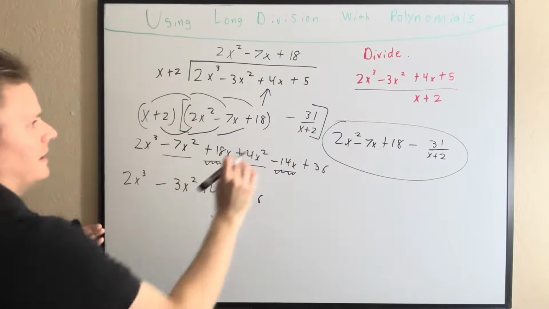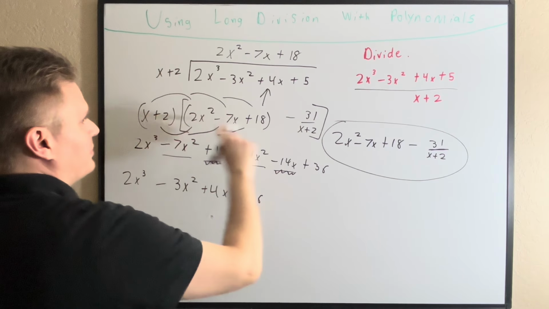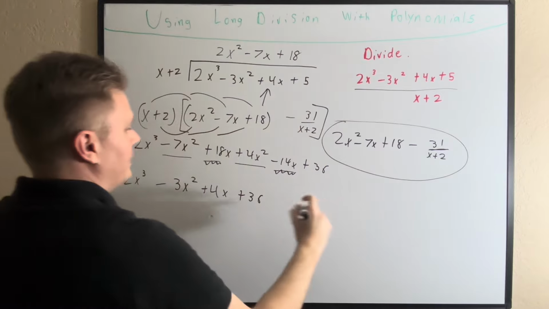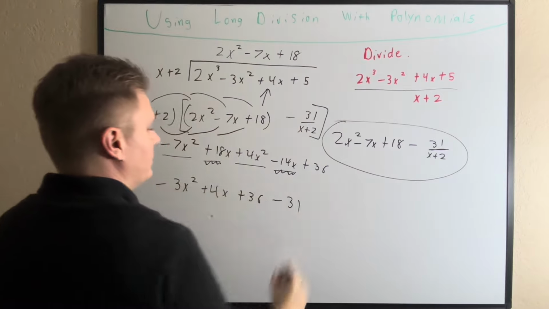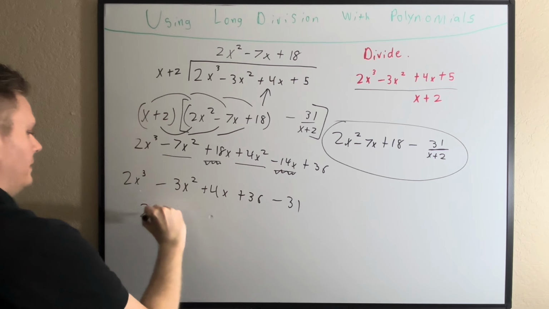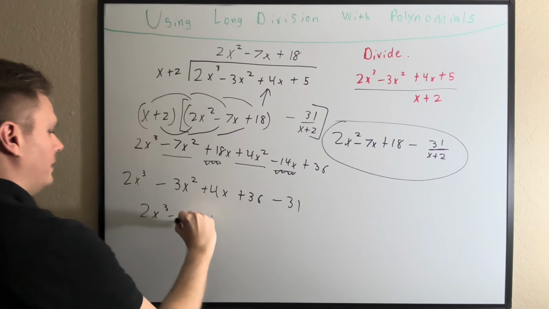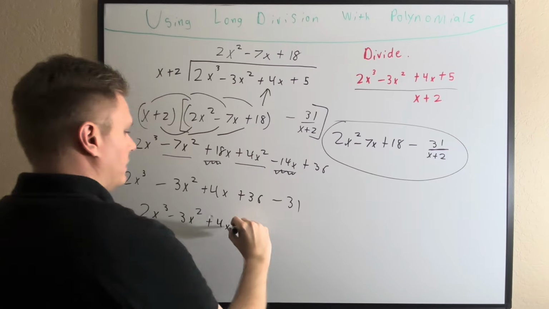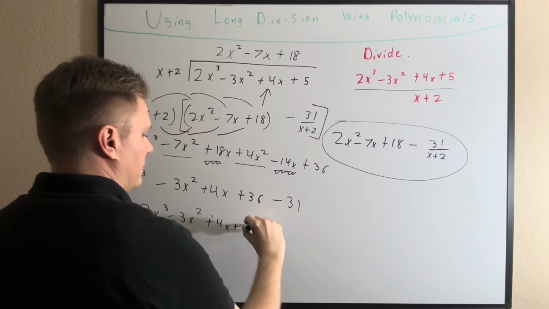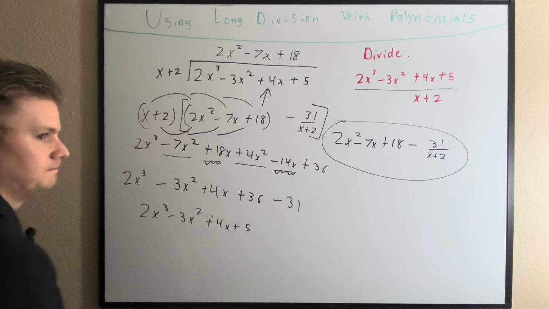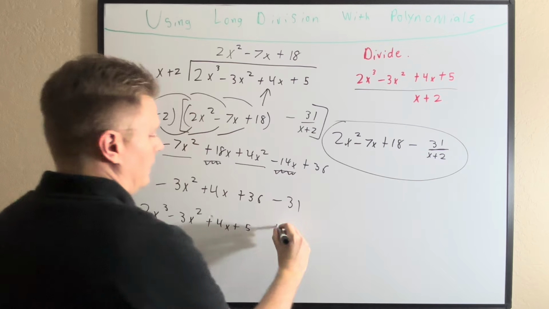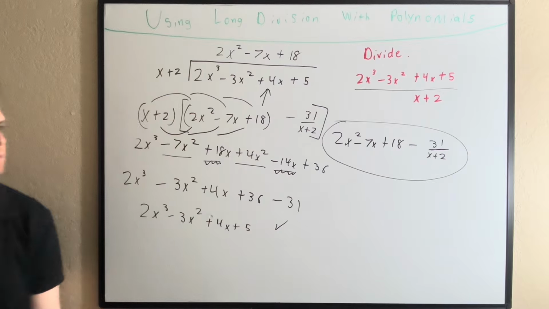So when we multiply x plus 2 times negative 31 over x plus 2, the x plus 2 cancels out, and we're just left with minus 31, which gives us the magic number of 5. And that is how you check your answer.